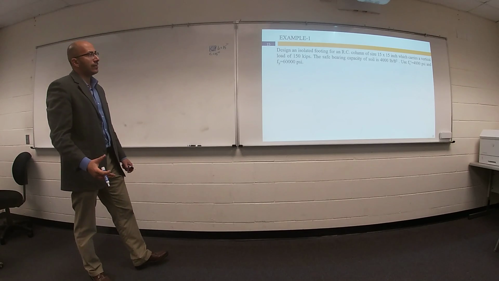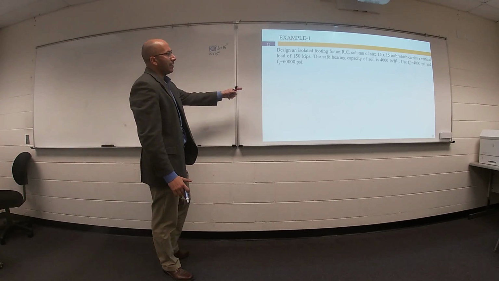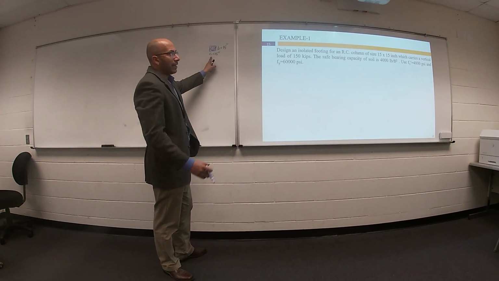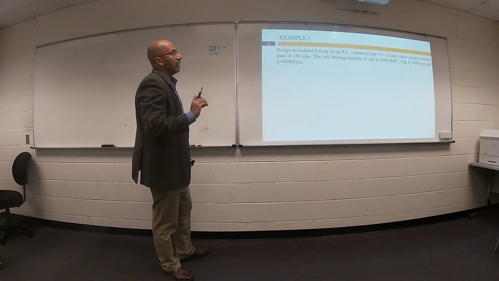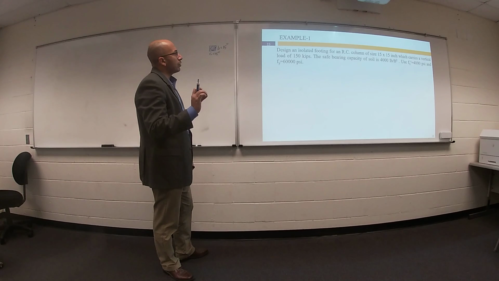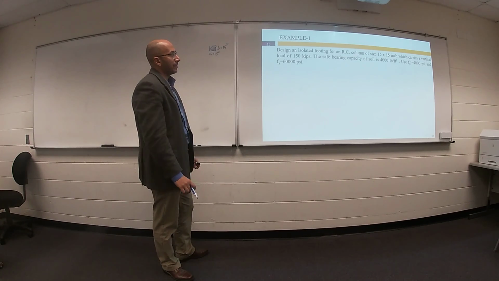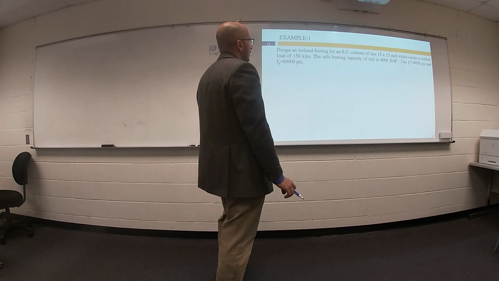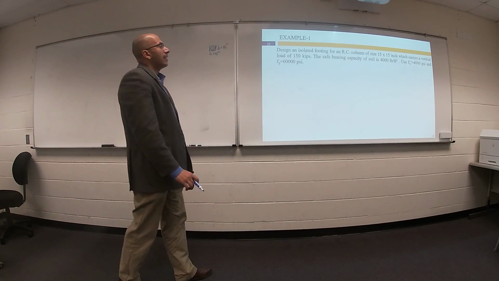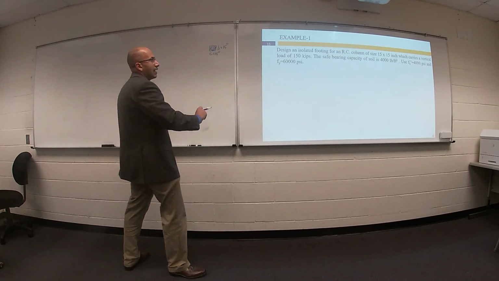So before starting this example, I would have to solve another example of how to design your column. The column carries a vertical load of 150 kips, with the same bearing capacity of soil. So we have a mistake here.